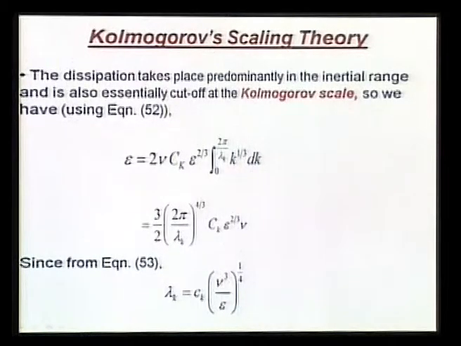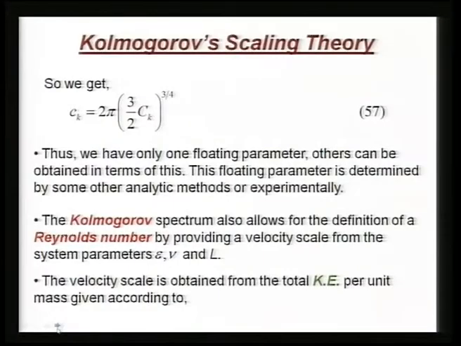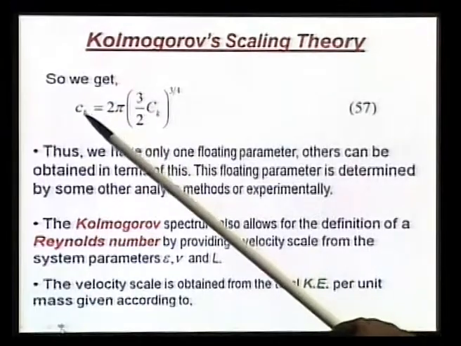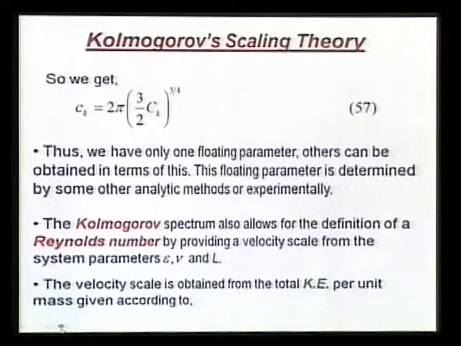So we can plug this last expression in the previous one, and what we get is that this C of k, there are lots of floating constants that we are talking about. So this lowercase c of k is related to capital C of k like this.